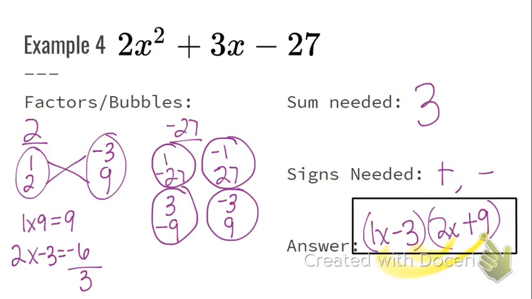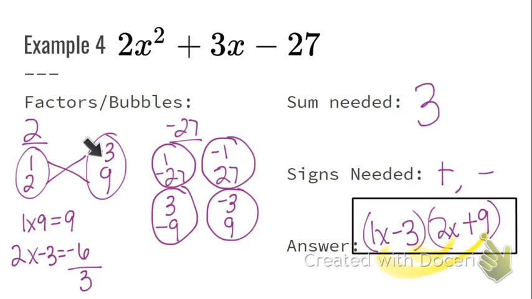All right, hopefully you were able to try this problem on your own. We've got the work and the answer up here. We needed a sum of positive 3. We needed 2 different signs, plus and minus, to multiply to that negative in the back. So our bubble for 2 would just be 1 times 2. And we have all our possible bubbles for negative 27.